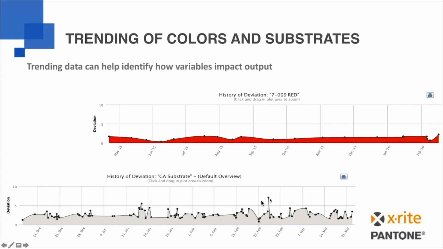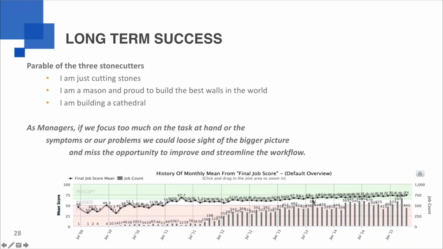And you could go back and take a look at those and see what the issue was on that day. This is all useful data for improving your process over time.